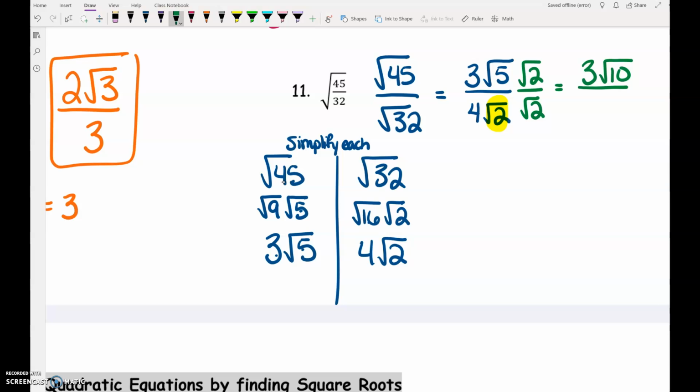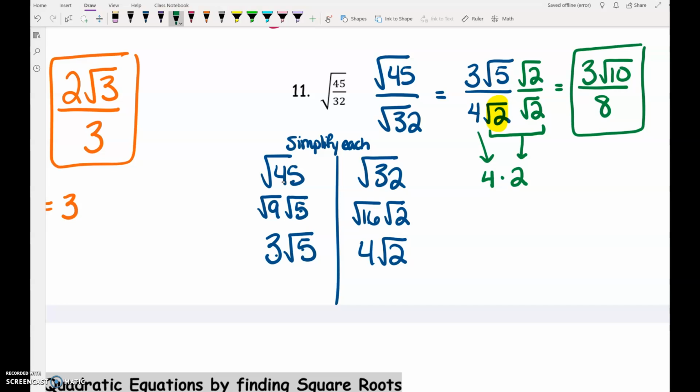On the bottom, we have 4. The square root of 2 times the square root of 2 is the square root of 4, which is 2. So on the bottom, we actually have 4 times 2, which is 8. So our final answer is 3 times the square root of 10 over 8.